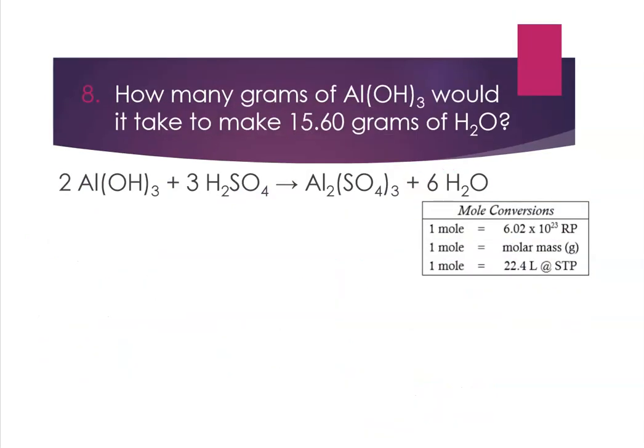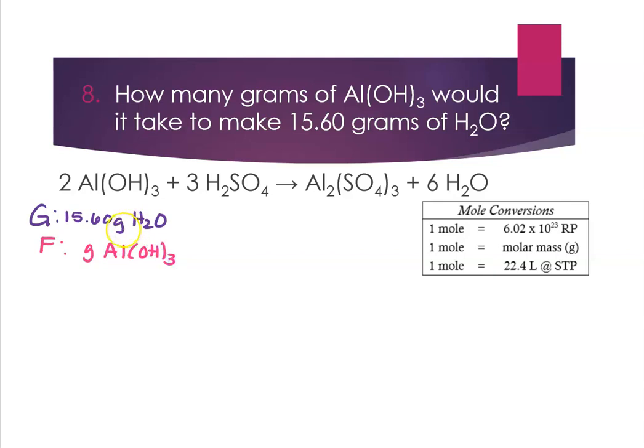Last one. How many grams of Al(OH)3 would it take to make 15.60 grams of H2O? All right, so here we are given 15.60 grams H2O, and we're trying to find grams of Al(OH)3.